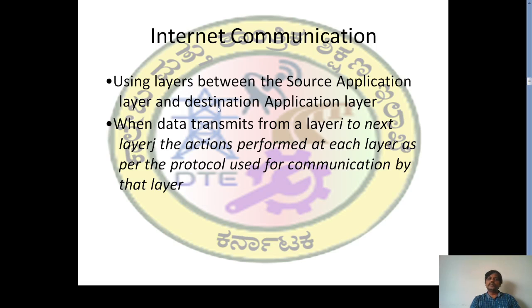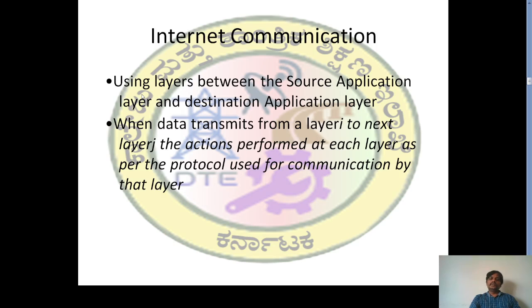And we have a concept of layers. So we have 5 layers in TCP/IP. Considering the transport layer to the internet layer, the data will be forwarded or moved downward, while on receiving from the internet layer to the transport layer, the data will be moved in the upward direction.